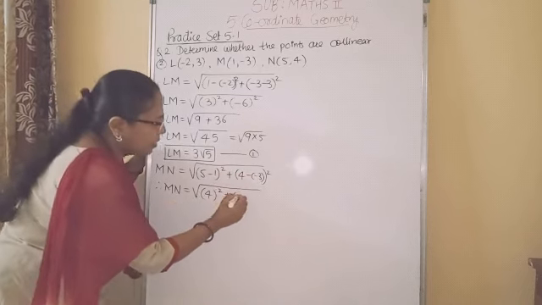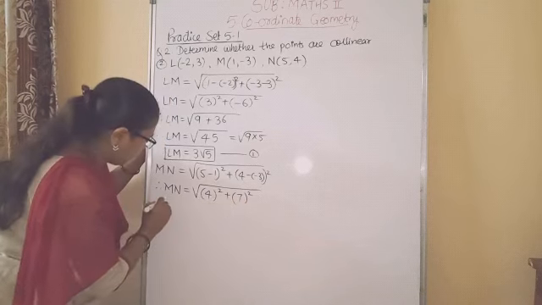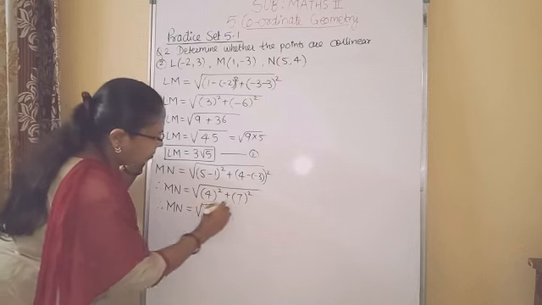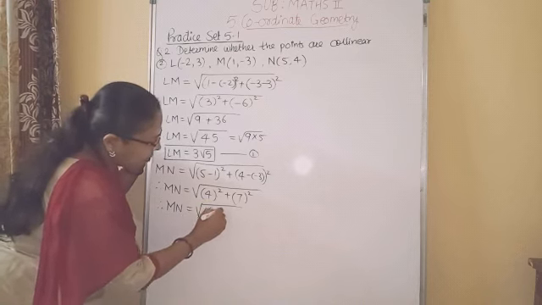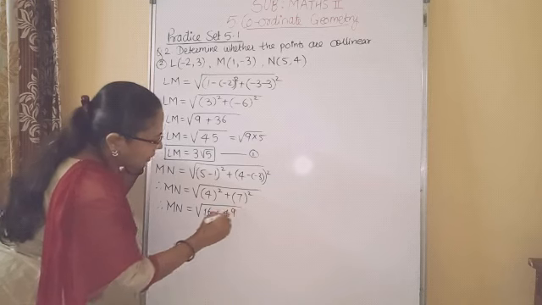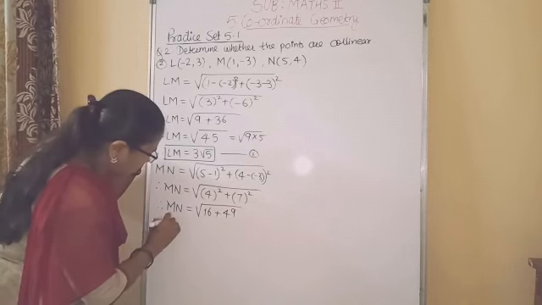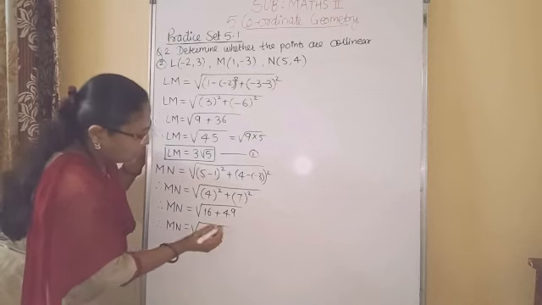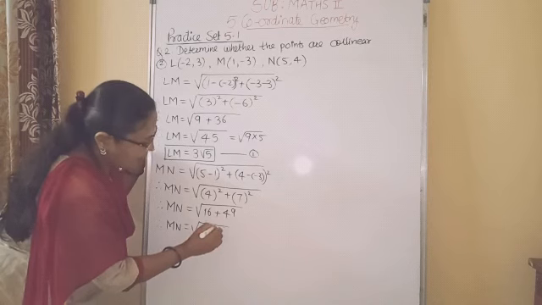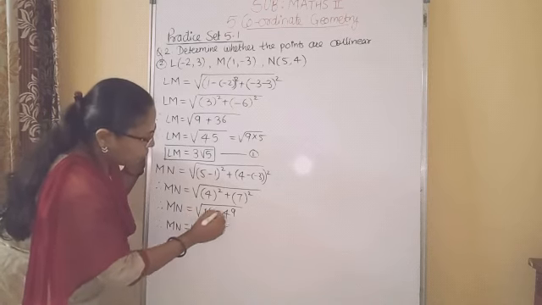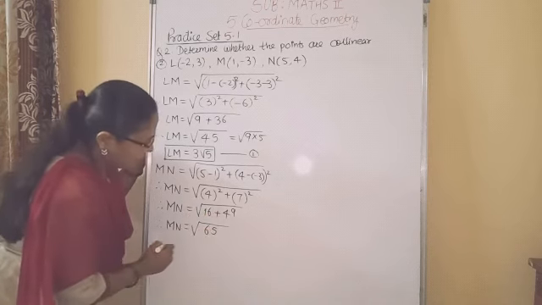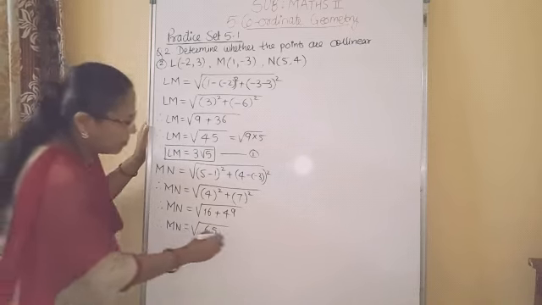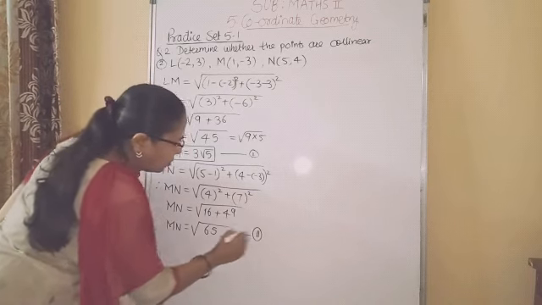So 4 plus 3, 7 square. Four square is 16, 7 square is 49. Sixteen plus 49: 9 plus 6, 15, carry 1, 1 plus 1 is 2, 2 plus 4 is 6, 65. Statement number 2.